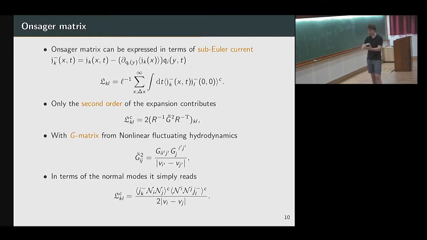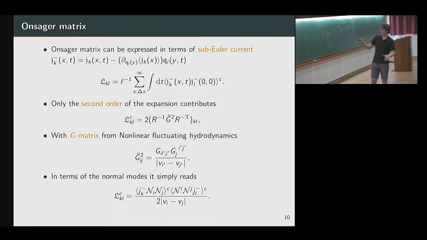propagating with constant velocities. And because the connected correlator will vanish whenever the three terms, so J and two Qs, are not simultaneously in the same cell, we just get the contributions when all of the three terms are in the same cell.